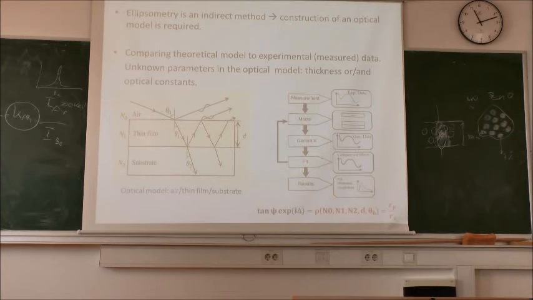In the optical model, we should consider thickness and optical constants of all individual layers. And as the optical model is constructed, then unknown parameters, thickness or optical constants, are varied until a good fit of calculated values to the experimental data is achieved.